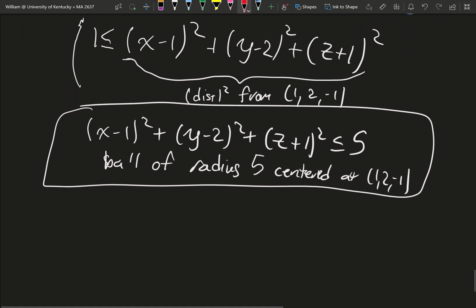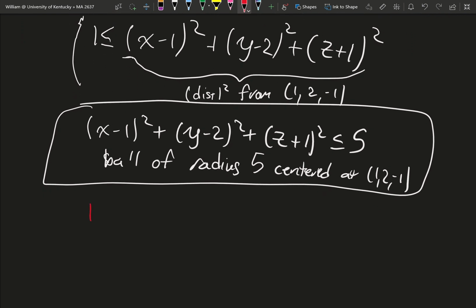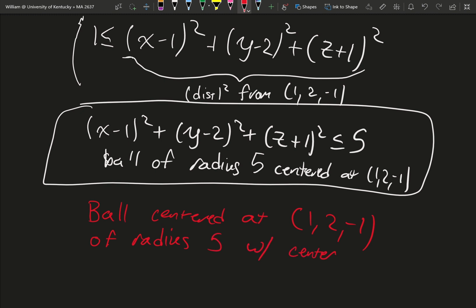So to sort of put those together, I can say the whole thing is a ball centered at 1, 2, -1 of radius square root of 5 with center ball of radius 1 removed.